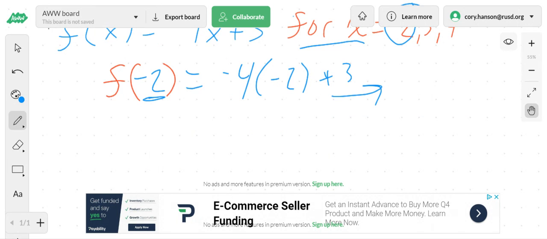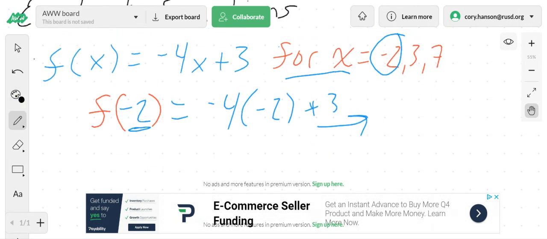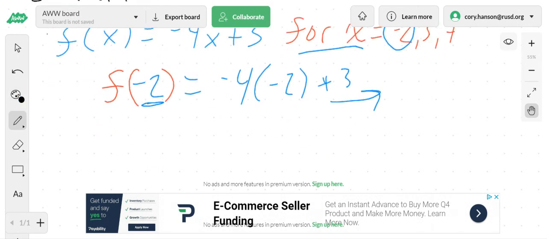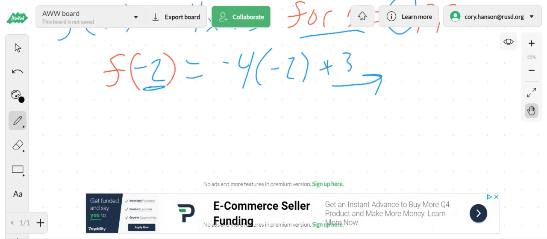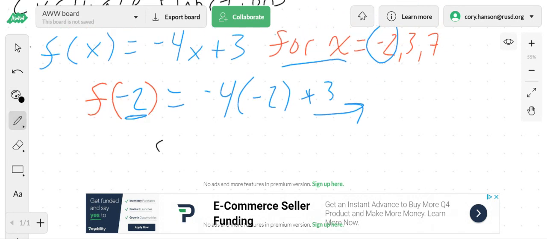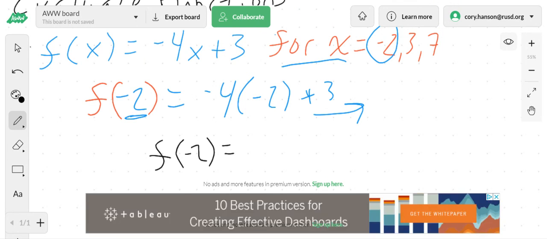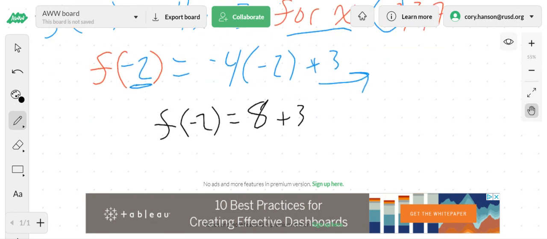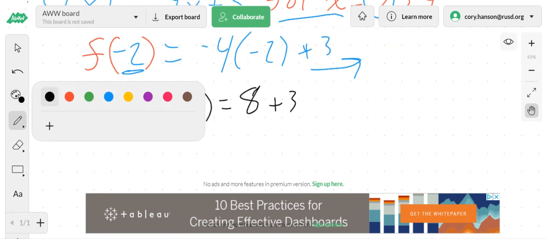I'll go down. F of negative 2 is equal to 4 times 2, which is positive 8, plus 3. So I know that f of negative 2 is 11.